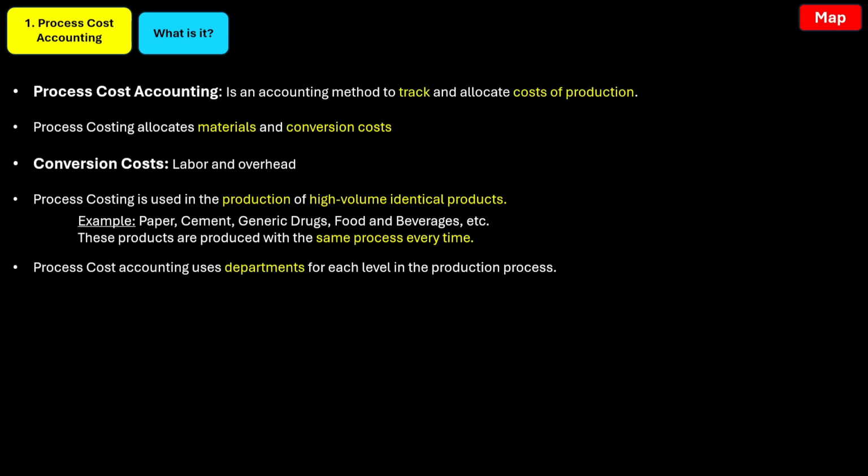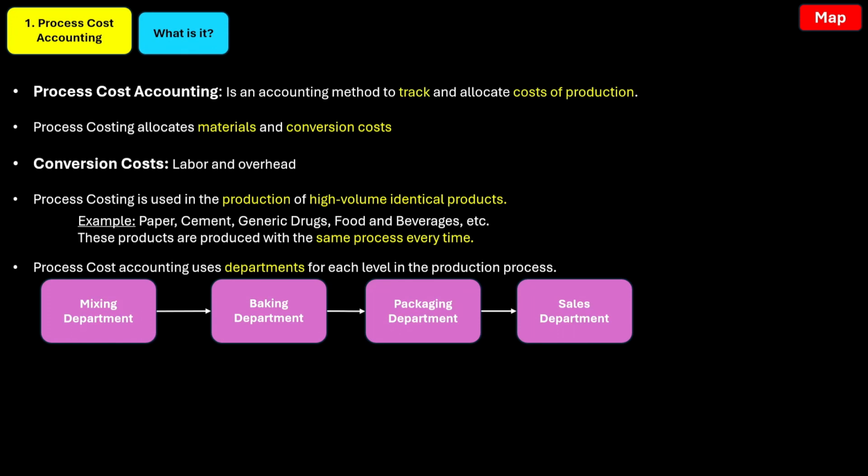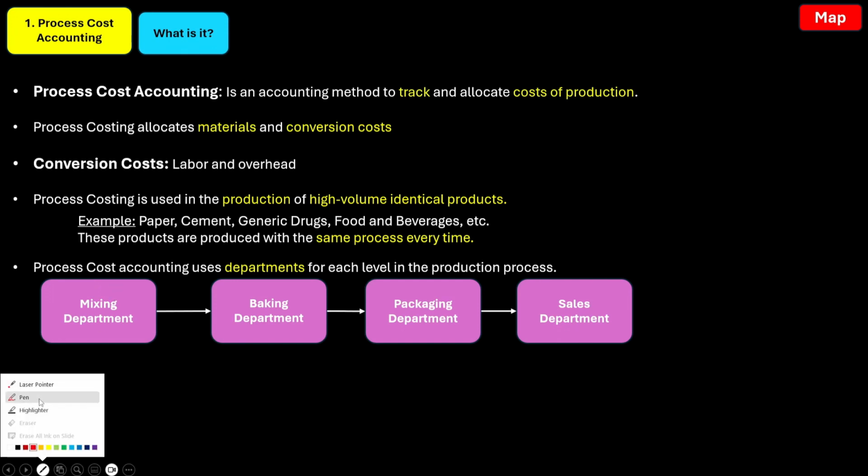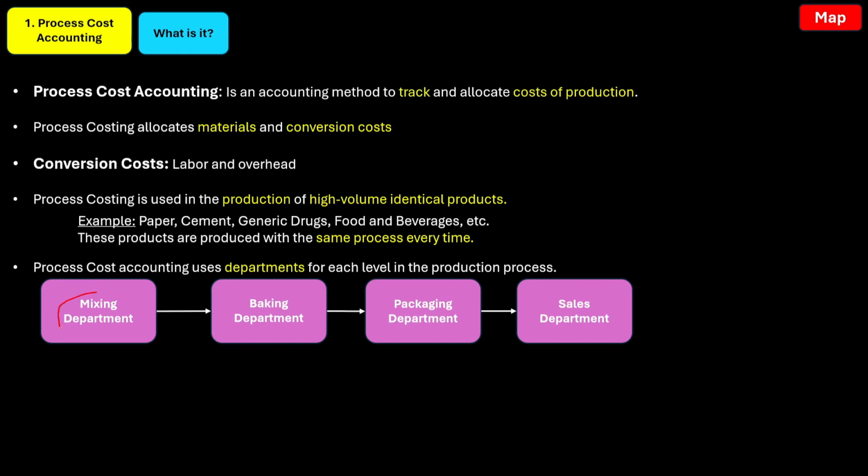So, process cost accounting uses departments for each level in the production process. Looking at a cookie company, we have the mixing department, the baking department, the packaging department, and then the sales department. So, within these departments, first we mix our cookies, and then once we've finished mixing, we send it to the baking department.